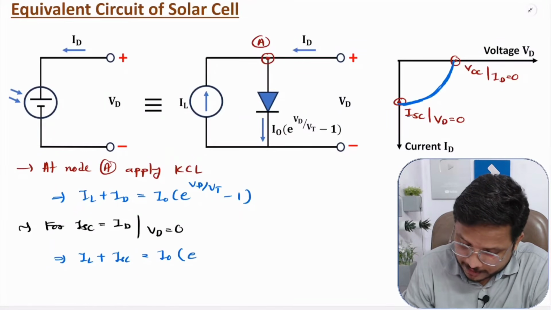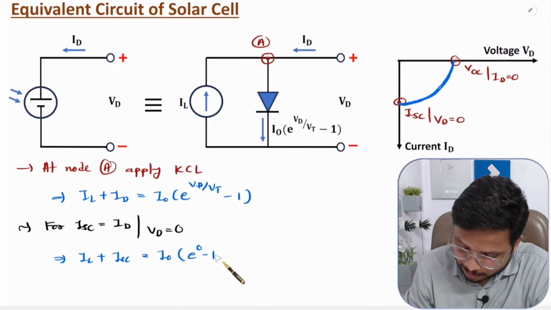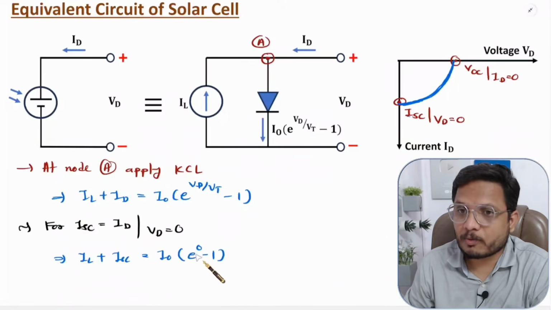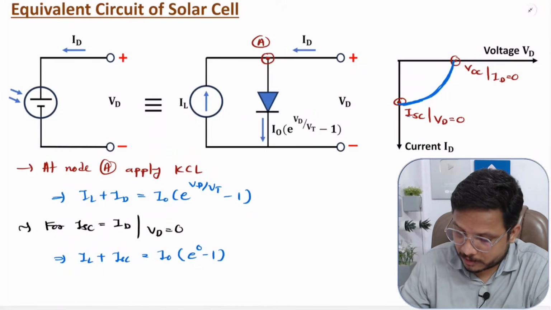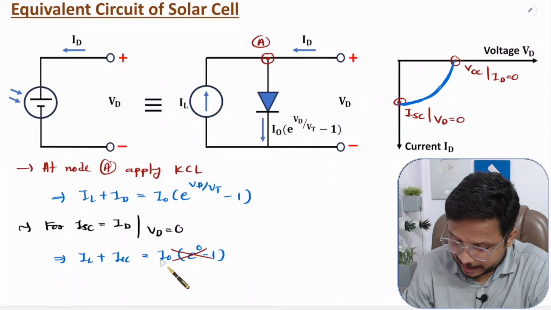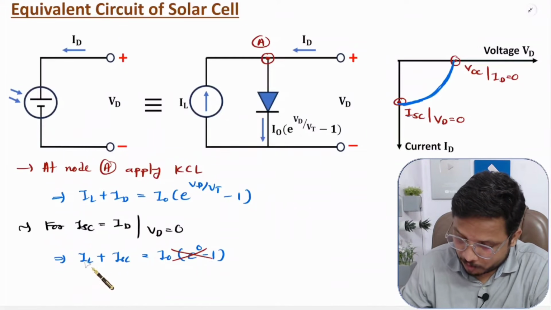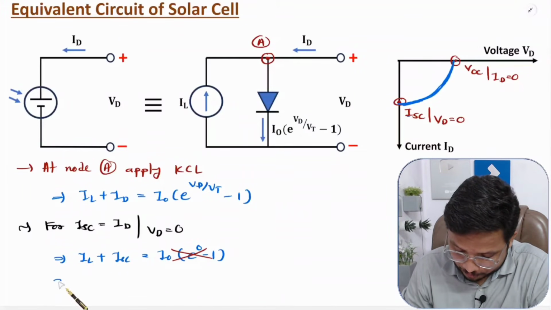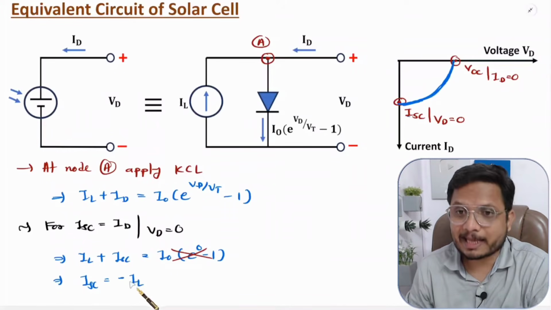So e to the power 0 is 1, and 1 minus 1 is 0, so this term gets cancelled. So ISC is now minus of IL. What is IL?